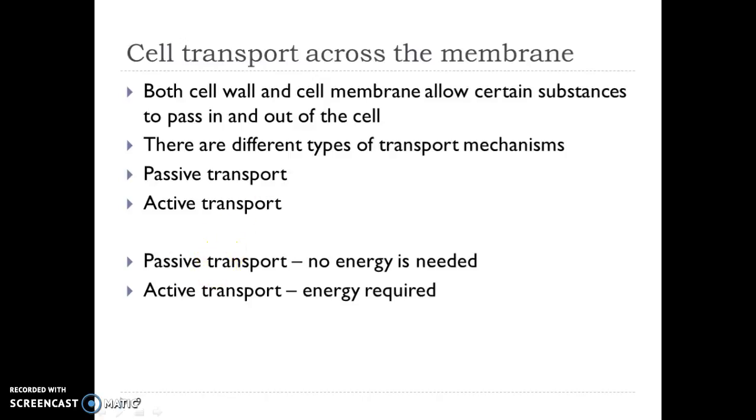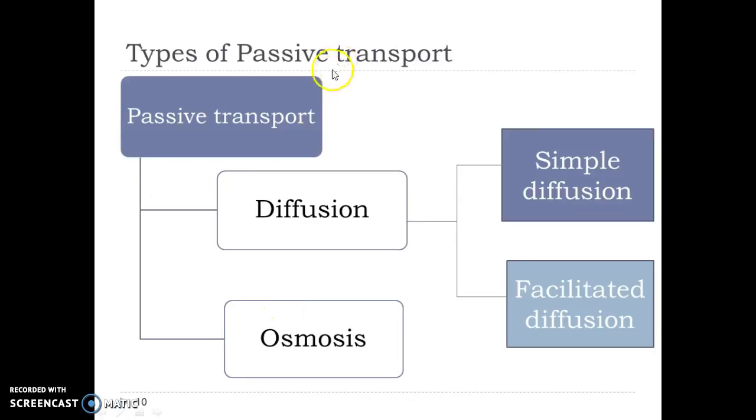And active tells you that some energy is required during transport, and this energy is got from the cellular respiration. So moving on to the first type of transport, that is passive, you have diffusion as well as osmosis, and diffusion is again divided into simple diffusion and facilitated diffusion.